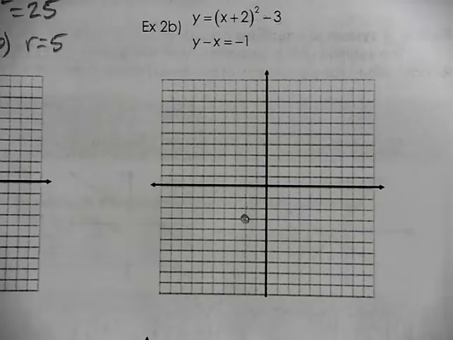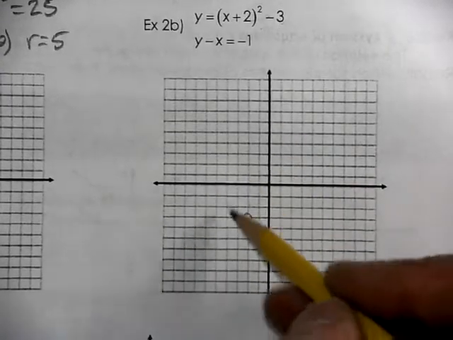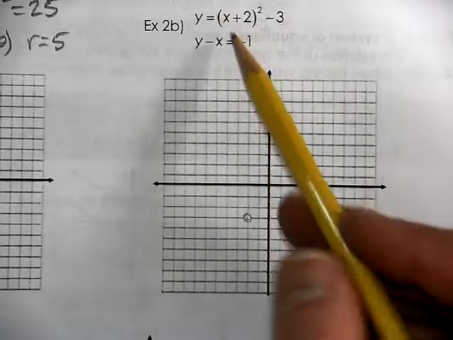Now, what about the other points that belong on our parabola? It's just a quadratic equation, so it should be a standard parabola. We would have our standard parabola, our parent function, coming up here because the a value is 1.